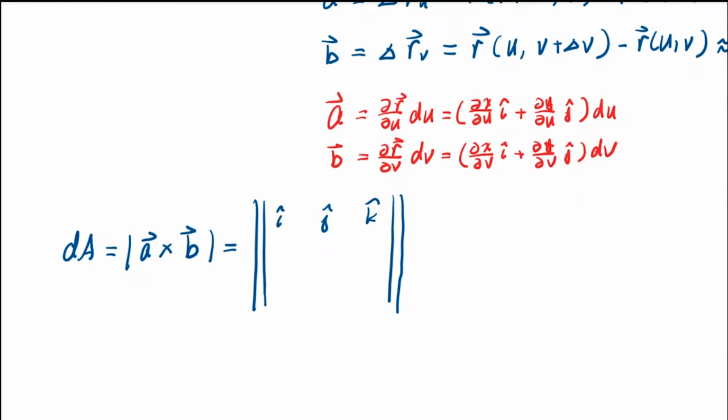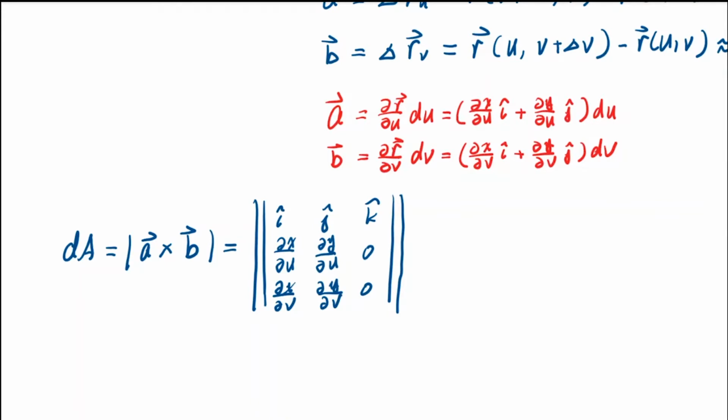Okay, so we have partial x, partial u here, and then partial y and partial u. And this vector is 0 because we are only doing this in 2D. And then here, partial x over partial v, and here partial y over partial v, and this is 0.